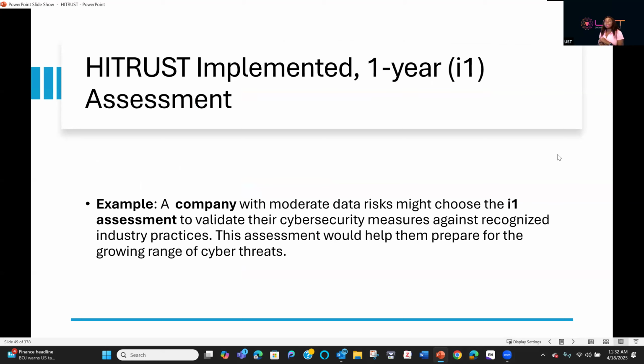Let's say, for example, a company with moderate data risks might choose the I1 assessment to validate their cybersecurity measures against recognized industry practices. This assessment will help them prepare for the growing range of cyber threats.